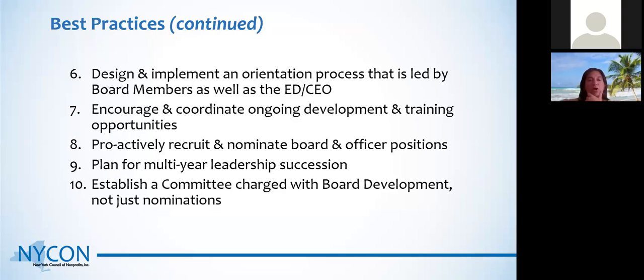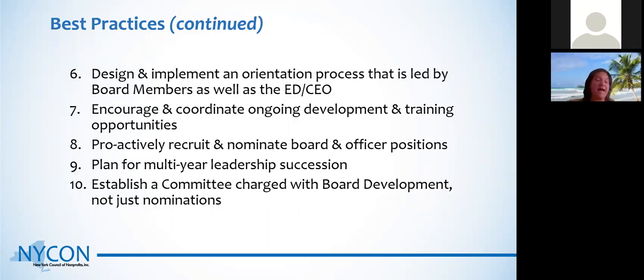Regardless of what your model is, you really need to think about leadership development and succession planning, and make sure you're creating the expectation that people will fill those roles, that the vice president role isn't just a placeholder, that it really is part of that leadership development process.